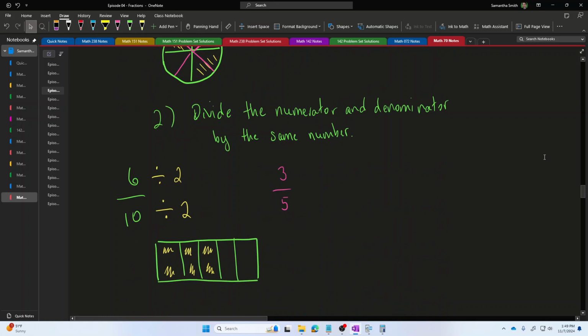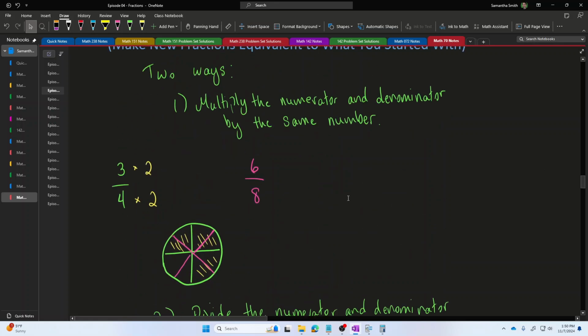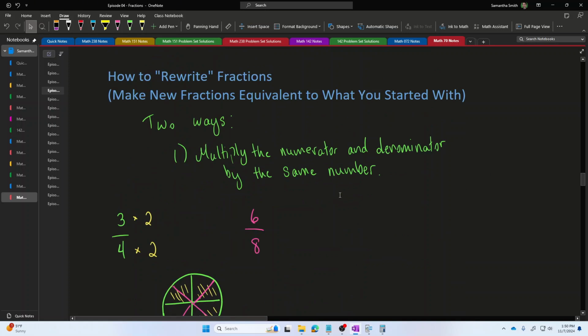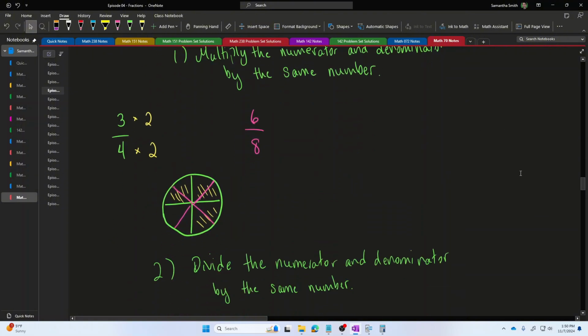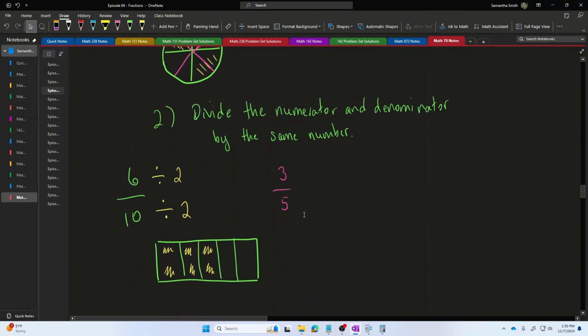And since we're trying to simplify the fraction, to make it nicer than it was before, we don't want to be multiplying here, because that will just make the numbers larger. If we want to simplify a fraction, our goal is to divide the numerator and the denominator by the same number. That way, the fraction stays the same, but it looks different, and it's a little bit easier to work with because the numbers are smaller than they were before.